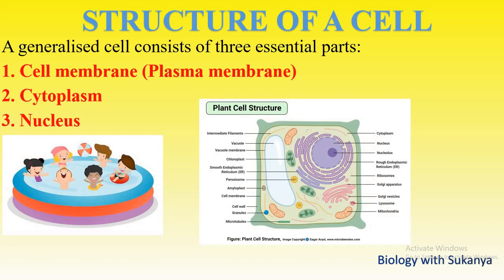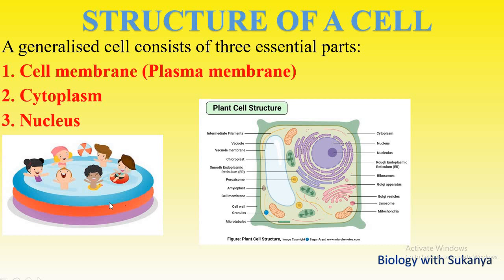Let us understand it in a little broader manner. Suppose the swimming pool over here is comparable to the plant cell structure that I've shown over here. The rim of this swimming pool may be compared to the cell membrane over here. We must remember that since this is a plant cell, there is an outer cell wall which we will come to in our later slides. But this dark colored region, this outline, this is the cell membrane or the plasma membrane.